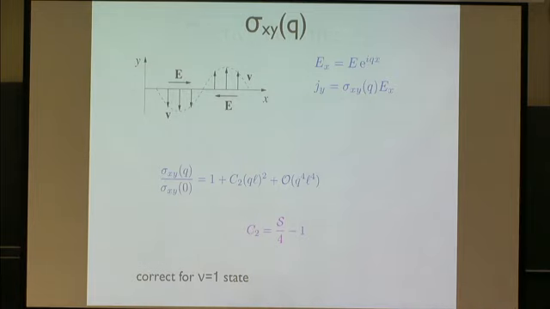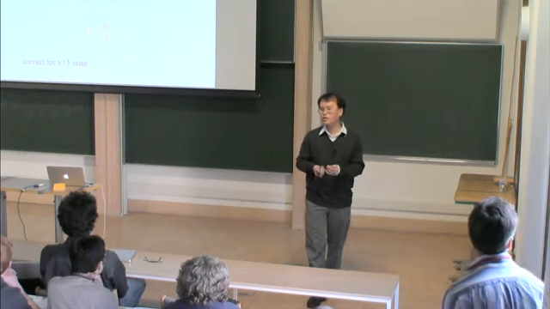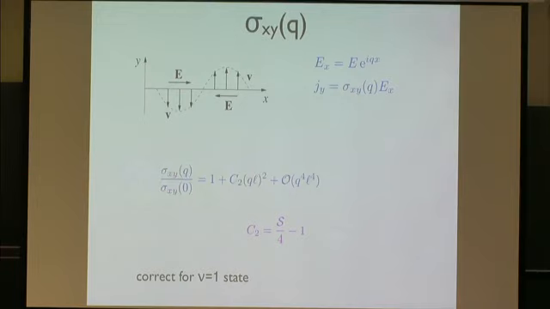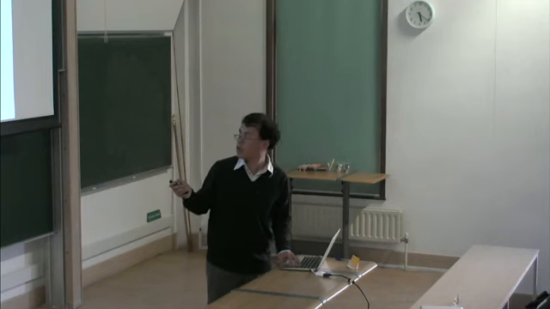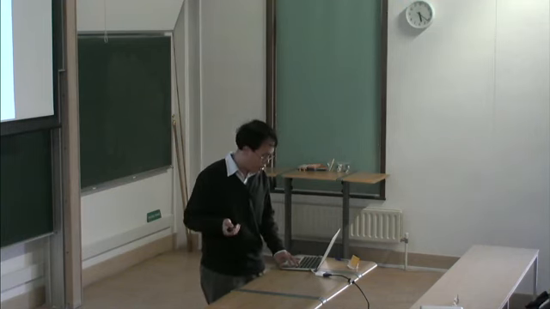But for the nu equal 1 state, we can explicitly compute sigma xy as a function of q, at least for non-interacting electrons, and that allows us to check this formula. So we know that it is correct for the integer quantum Hall state, and the symmetry tells us that this formula will be valid for the fractional quantum Hall state.